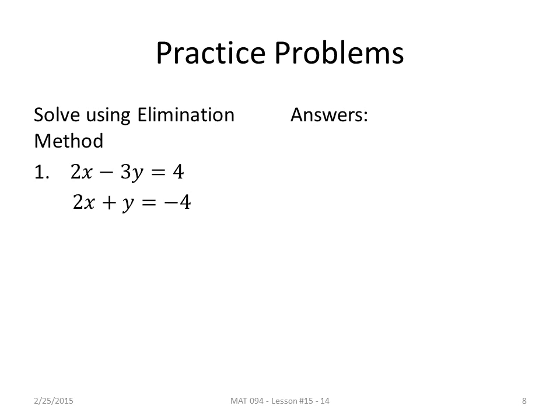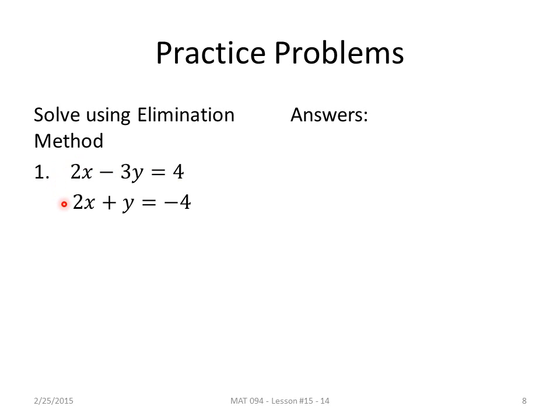Let's do some practice problems. When you're looking at the two equations, you're free to choose whichever variable you want to get rid of. This set of equations, it doesn't really make a whole lot of difference.